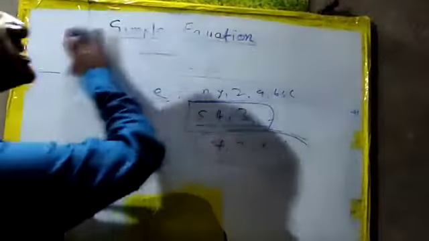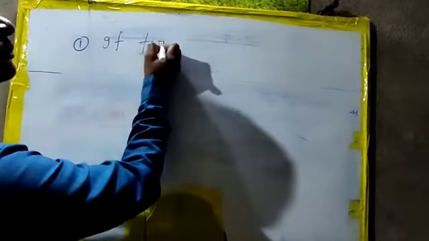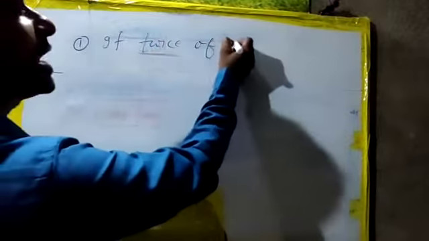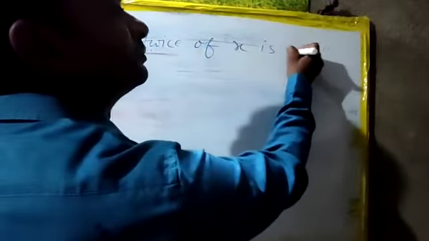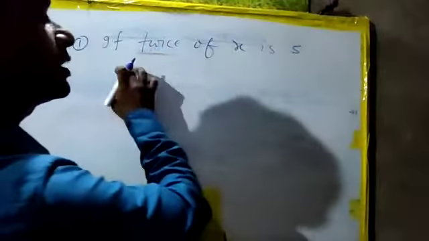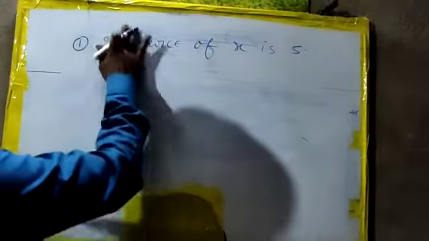Suppose I write here the first question: if twice of x is 5, how will you write this? The simple way: twice of x is 5. How will you make it?